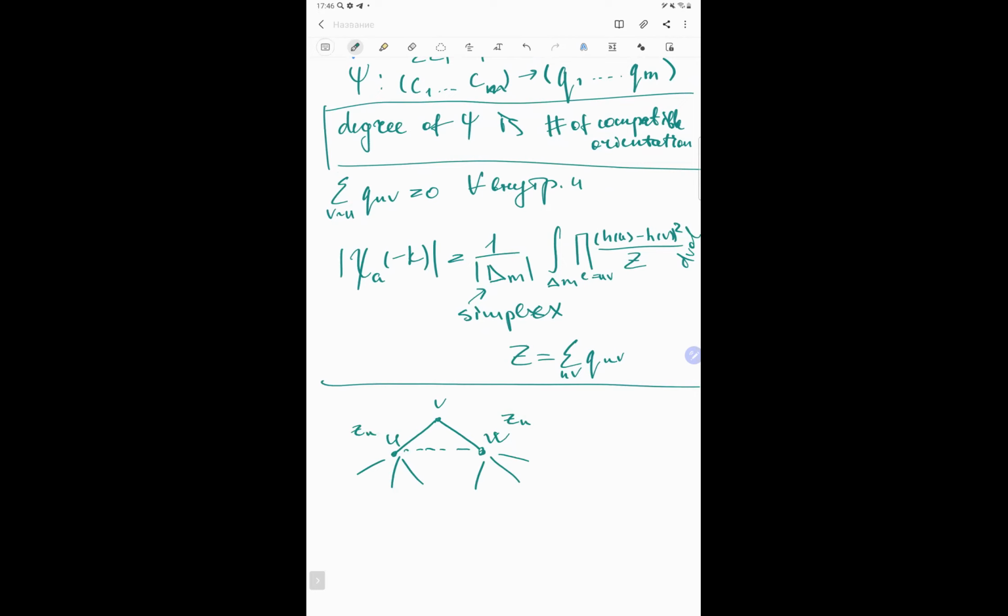And if they are equal, we will have in the second expression a summand like this. And it isn't good. That's why it is impossible to have triangles like this. That's all.